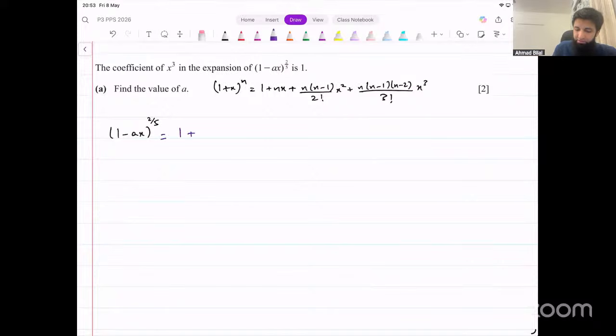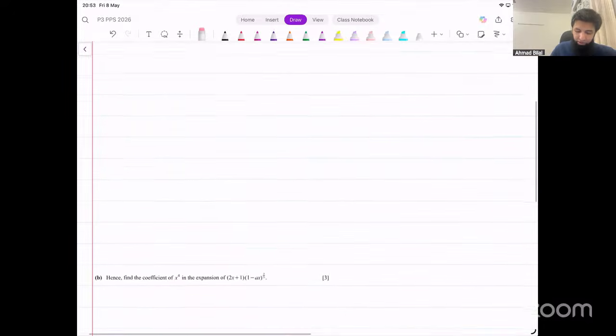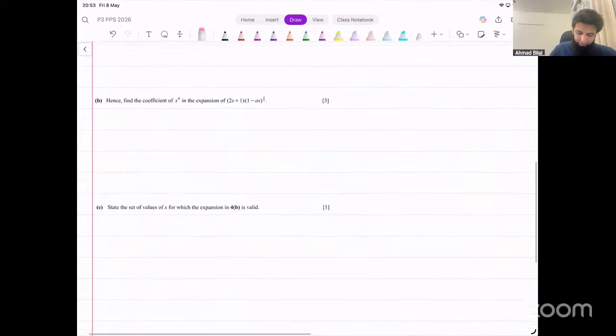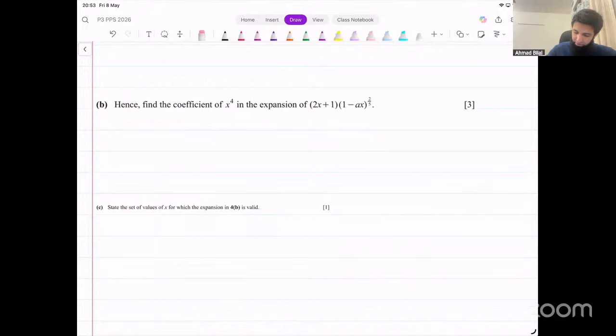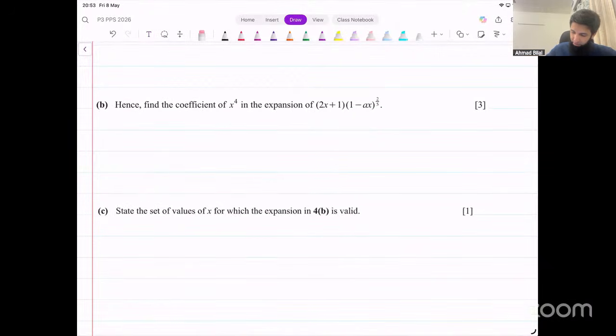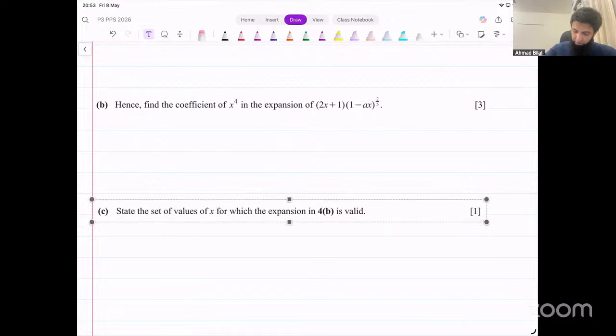1 plus, now, what term are we really looking for? The coefficient of x cube, right? Do we need the rest of the terms in the next part? Coefficient of x power 4 in that expansion. Will we need that x into x power 4?